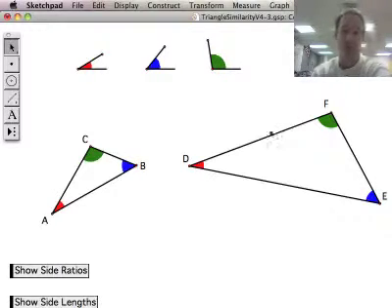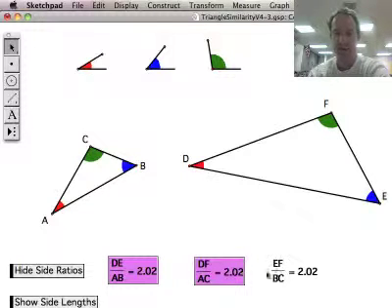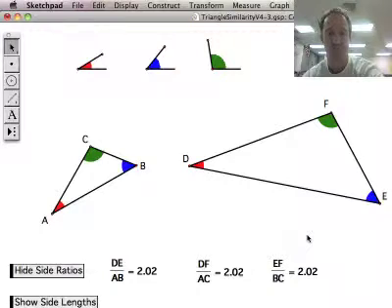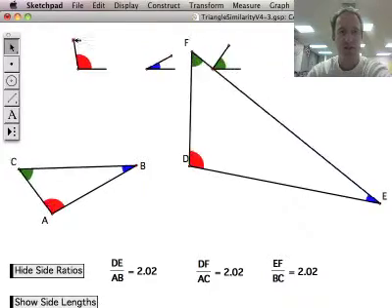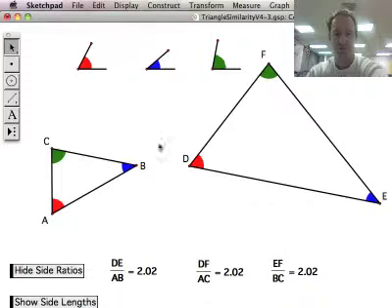I don't know yet, but let's check the lengths of the sides and see if they give us the same ratio. Well, looky there. They all give the same ratio, in this case 2.02. Let's change the triangles a little bit. Let's change these angles and see if that changes anything about the ratios.